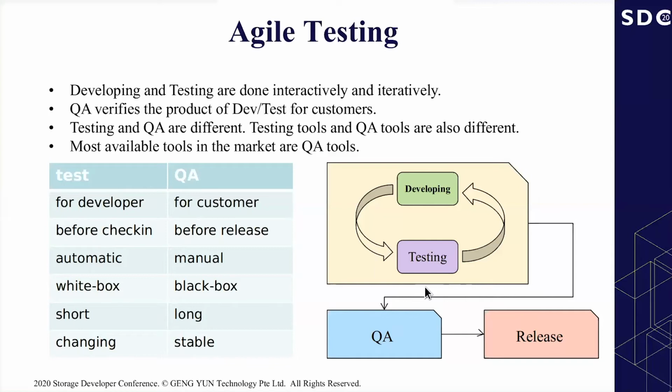And we cannot flexibly adjust the tests to debug and reproduce the issues. The QA tools are just too big to deal with changes. We need a test tool for developers.